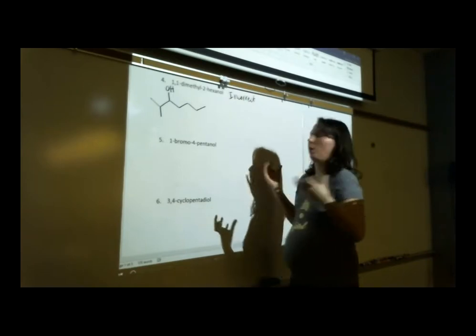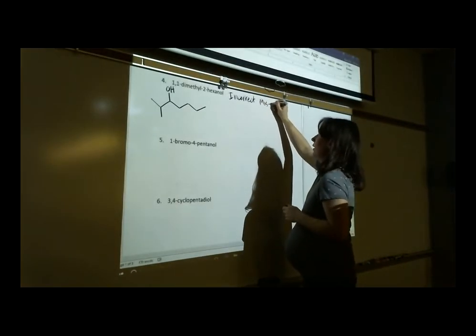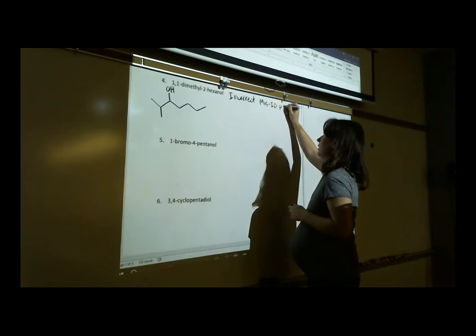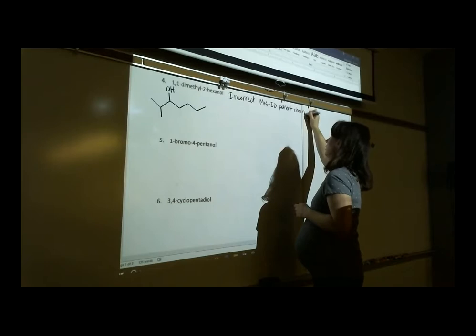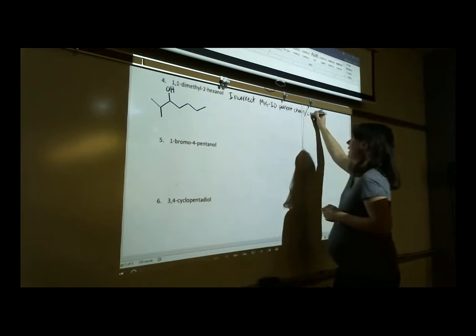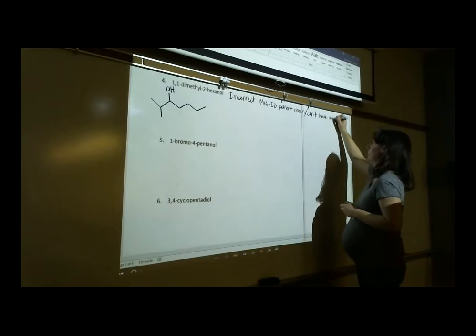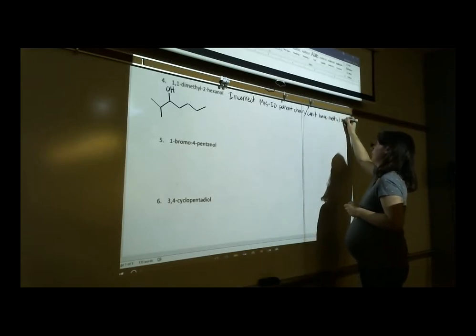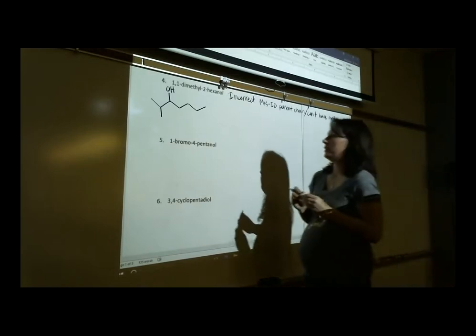So you could word this a lot of different ways. You could say misidentified the chain, or you could say can't have a methyl group on C1, right? That's saying the same thing. So this isn't a hexanol.